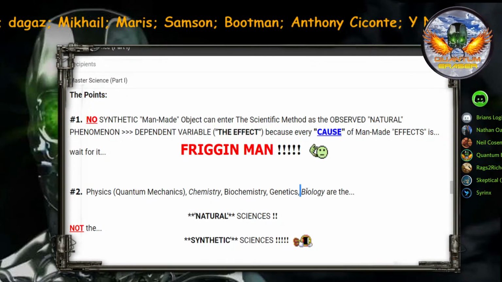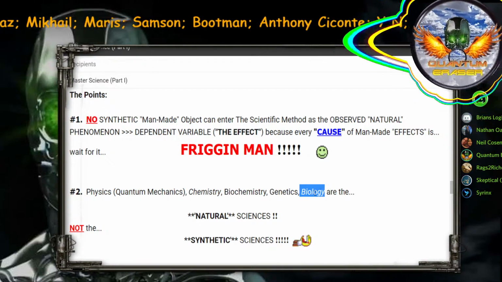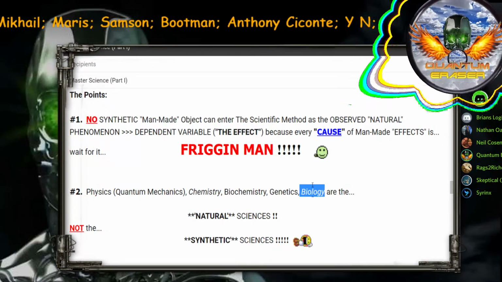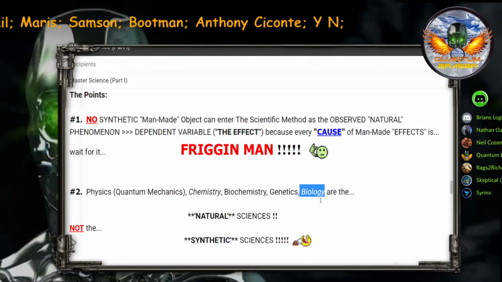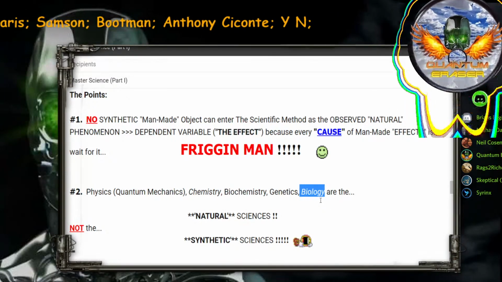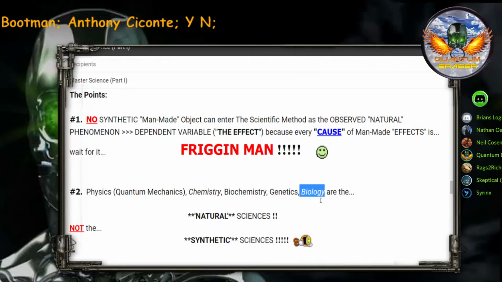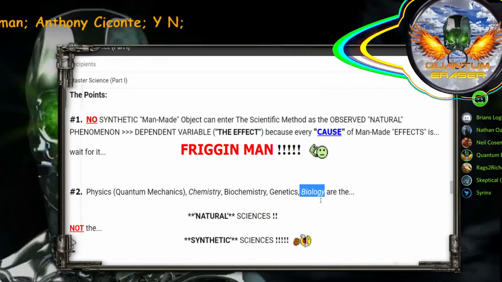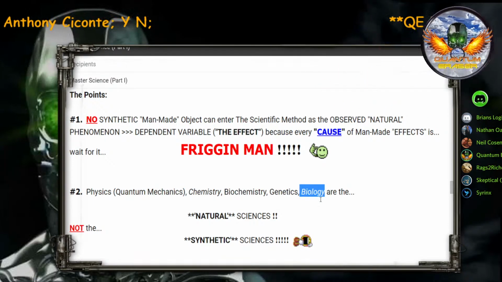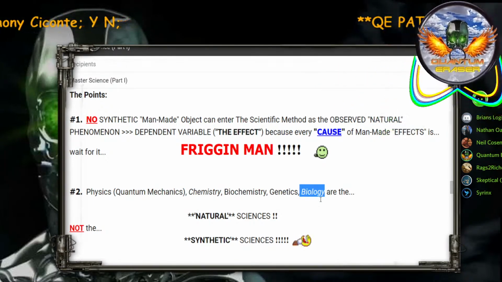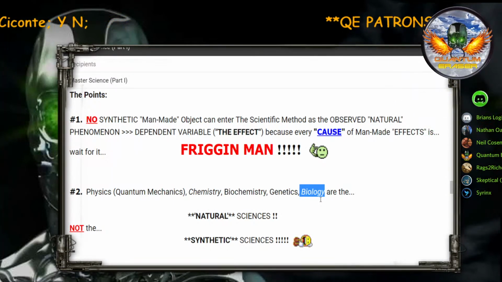A lot of biology, let's use biology first, a lot of biology is not natural science. A lot of it is glorified collating and making conventions. The taxonomic classification system is not brought about by hypothesis testing, right? It's conjured in the minds of people, right?